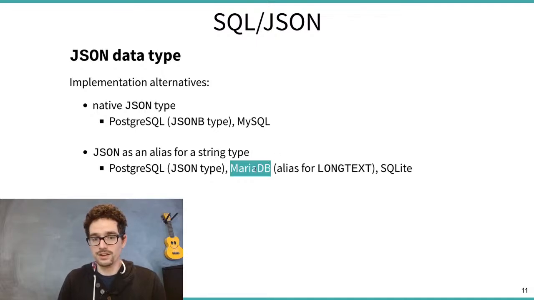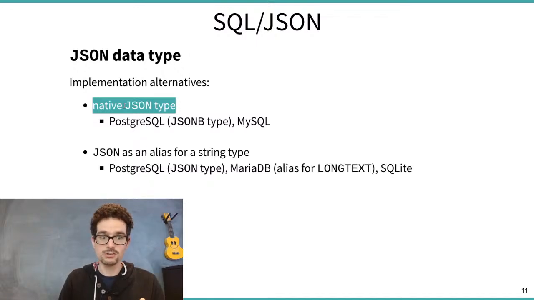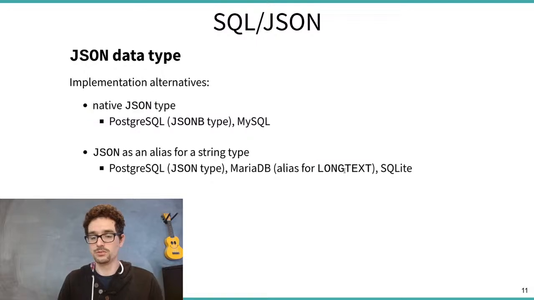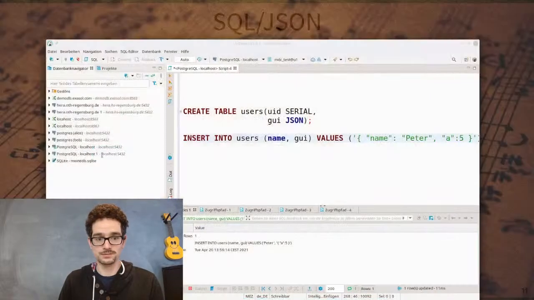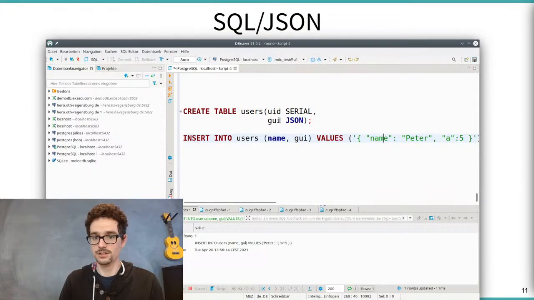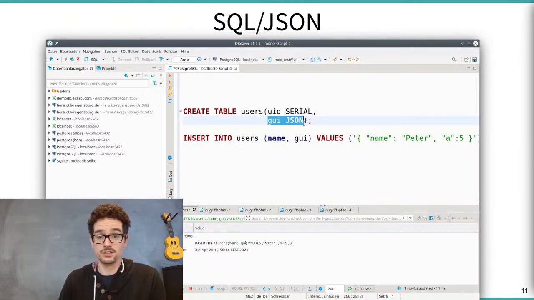MariaDB does not introduce a native JSON type, but for being compatible to MySQL, they simply introduced an alias for long text, which is called JSON. So when you say in MariaDB, here GUI is JSON, then it's actually long text.